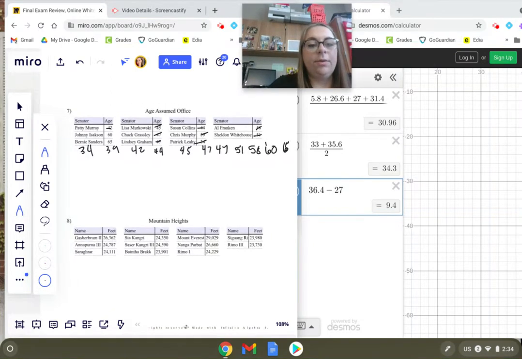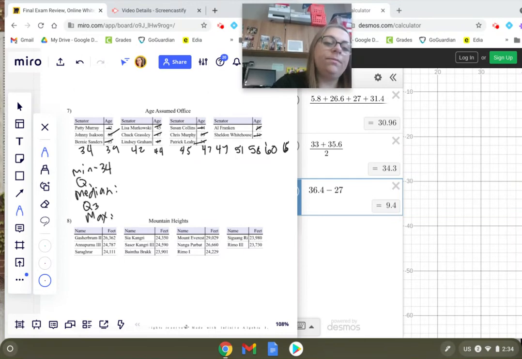All right, so what I want to do now is for this one, I want to find my min, my first quartile, my median, my third quartile, and my max. So my min's 34. My max is 65. Now I need to find my median. So again, cross off from the outside going in.